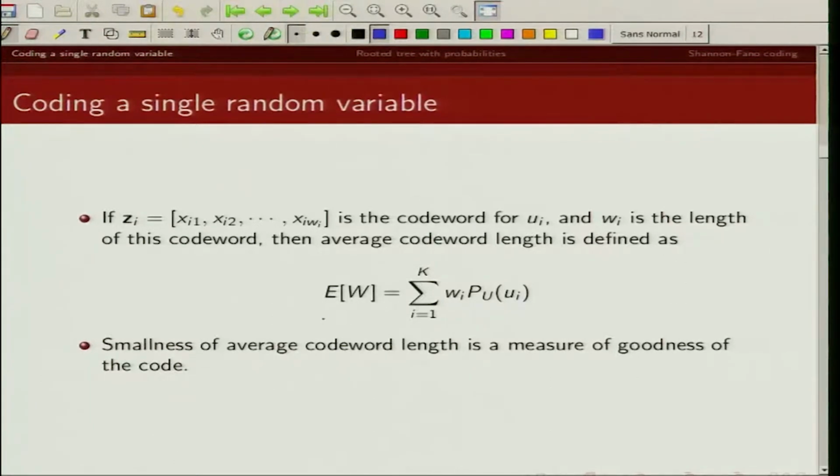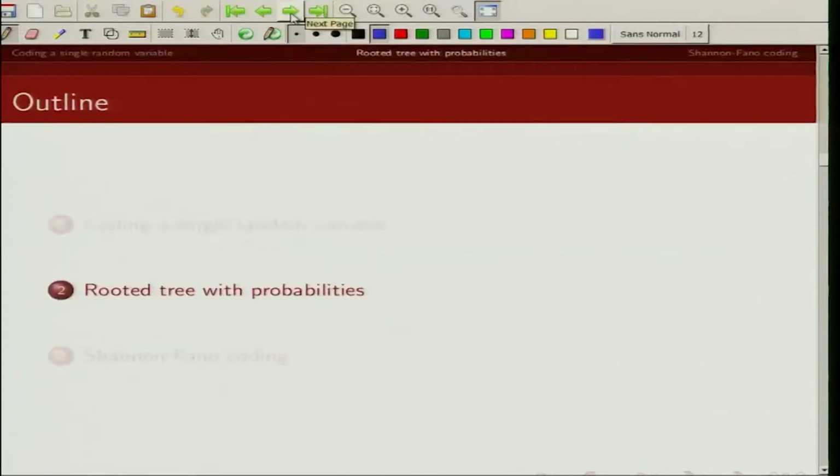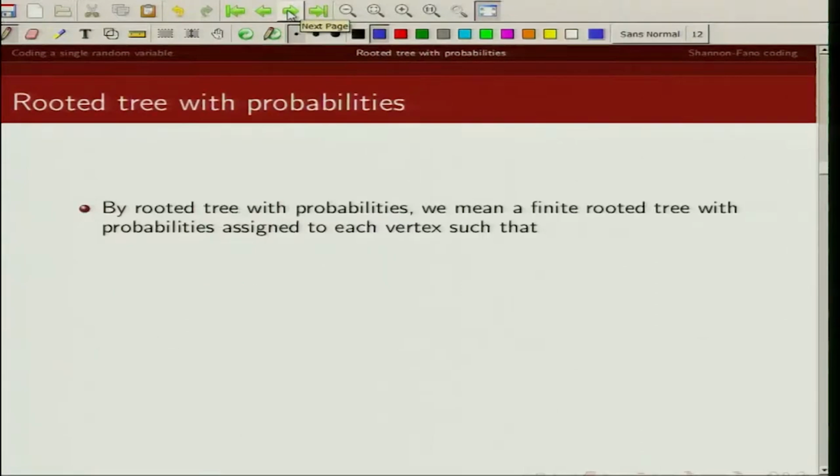To get a bound on this, we will require some results, some lemmas and some proofs. We will build up those results, and then we will derive the expression for the lower bound on the expected value of w. So we will define what is meant by a rooted tree with probability.